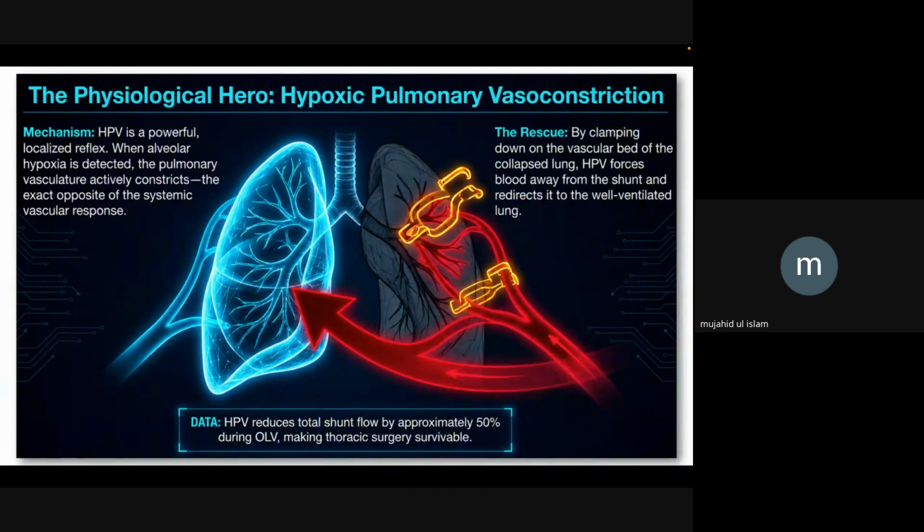During thoracic surgery, when one lung is intentionally collapsed, HPV reduces the right to left shunt by diverting blood away from the non-ventilated lung to the ventilated lung. This improves ventilation perfusion matching and helps maintain arterial oxygenation during one lung ventilation.